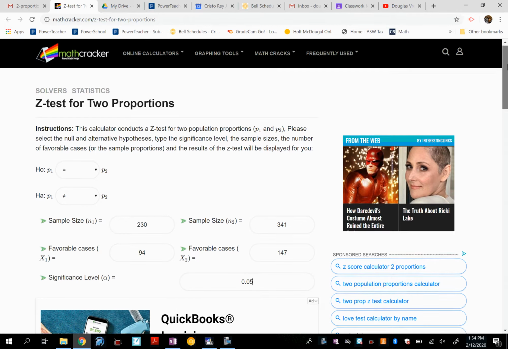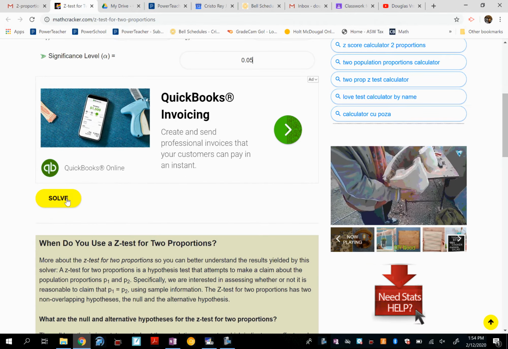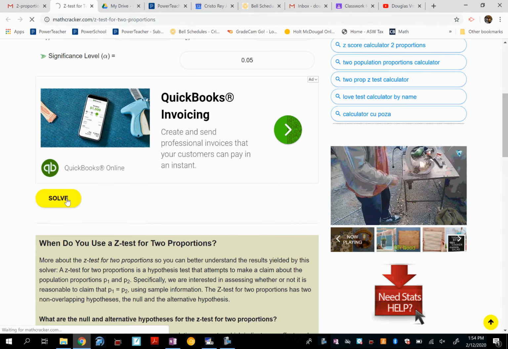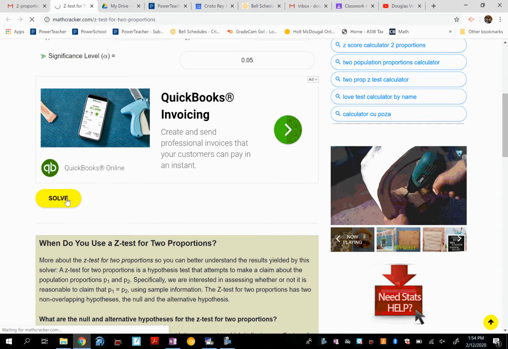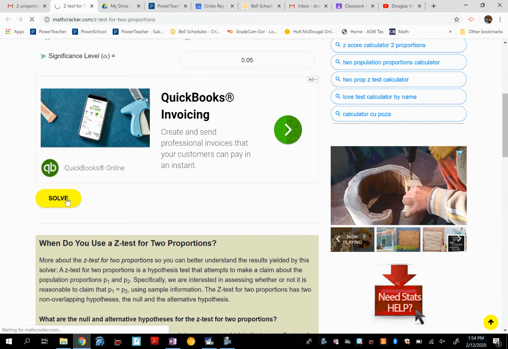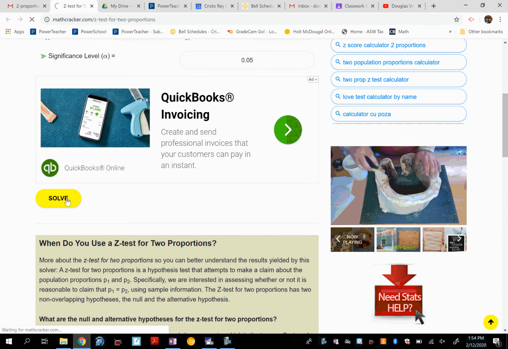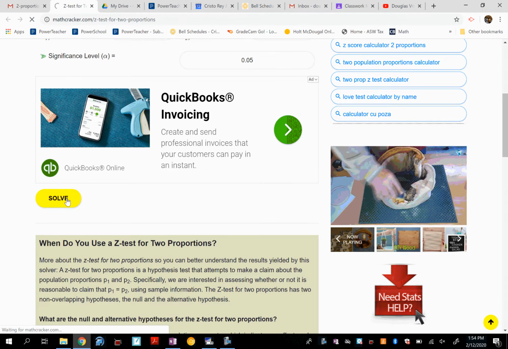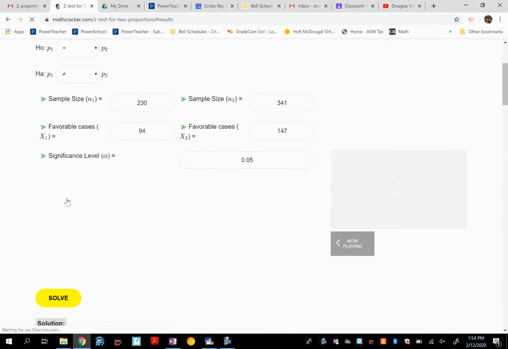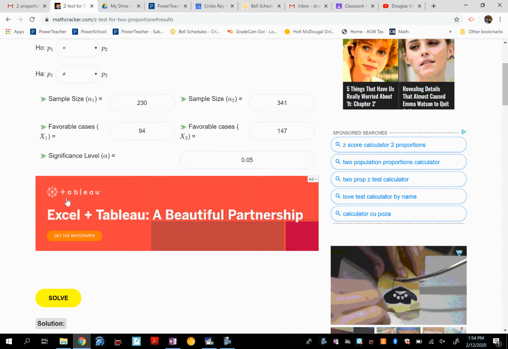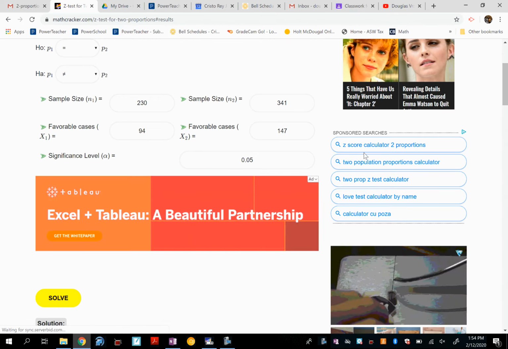If you do that, hit solve, and then count to 26.